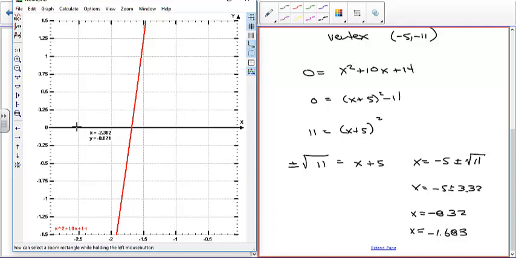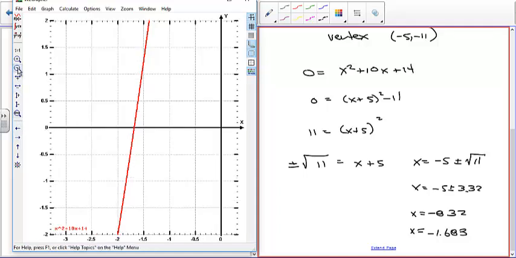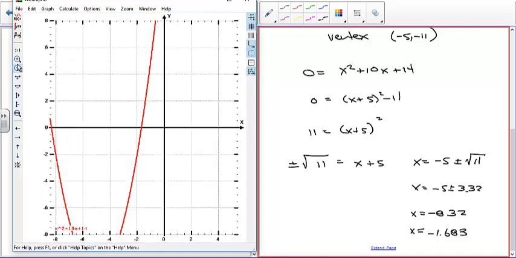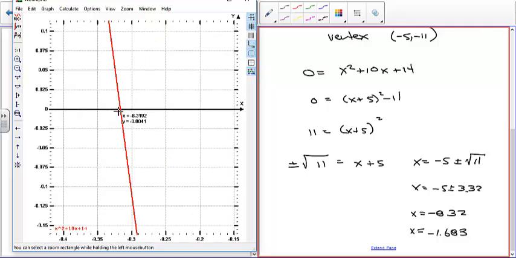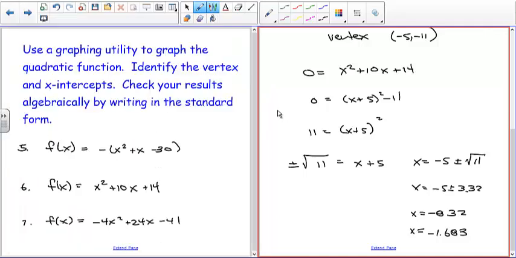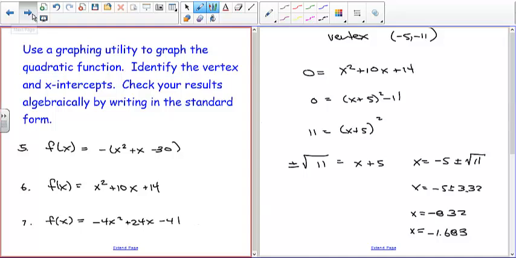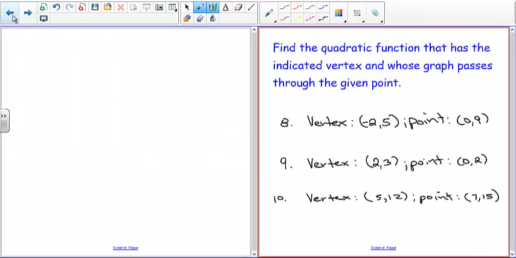That's that one. And the other one is this one, so we'll zoom in on it and put the cursor, and it says negative 8.316, negative 8.32. Okay, so it looks good. On to the next one. So this is the last one in this group, I think. Let's see what's next. Yep, okay.